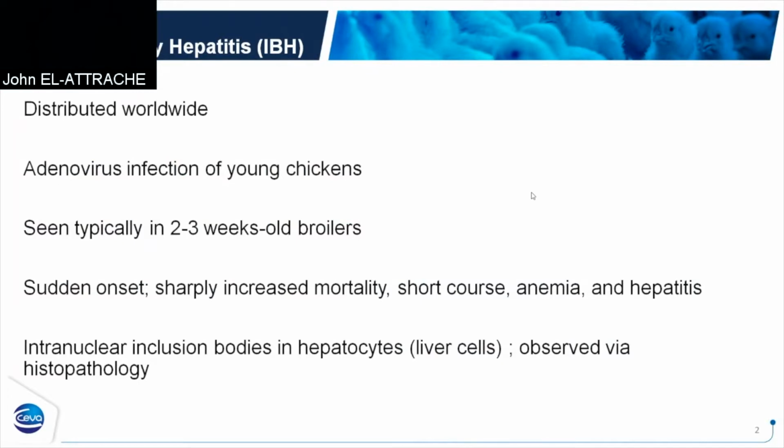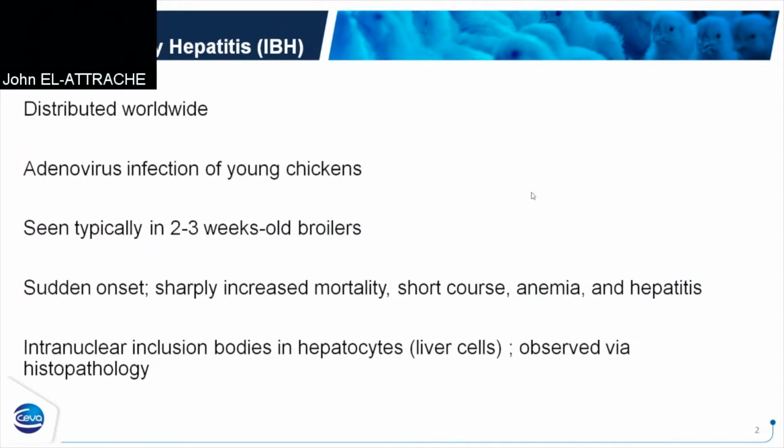As we're talking today, inclusion body hepatitis is the clinical disease we see with quite a few serotypes. It's typically seen in younger birds, around 2 to 3 weeks, and it's associated with a sudden onset, a sharp increase in mortality, and a short course. When the birds are opened and looked at closely, you'll see anemia and hepatitis.